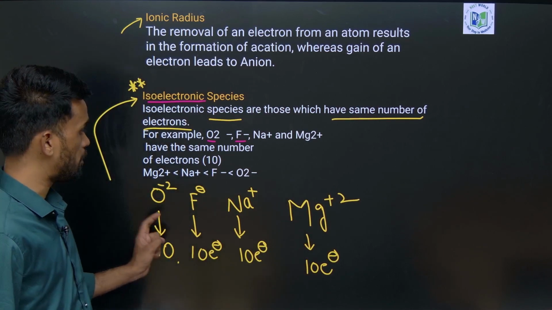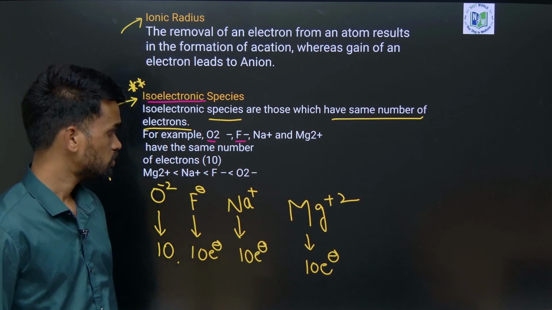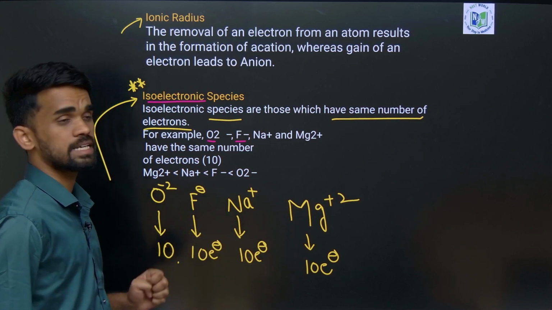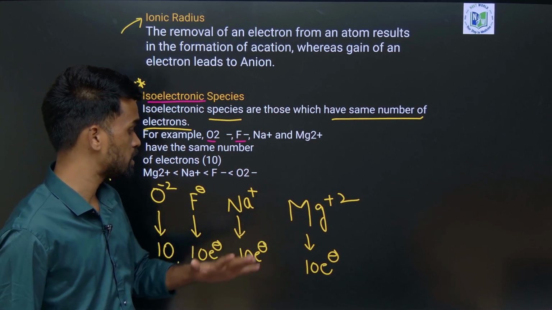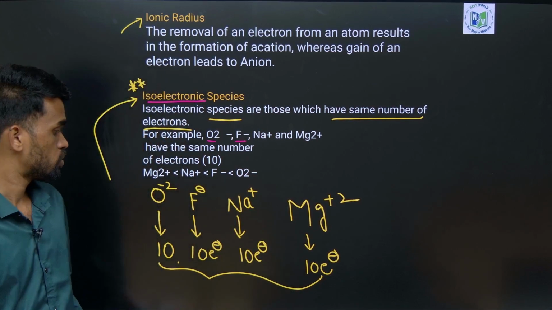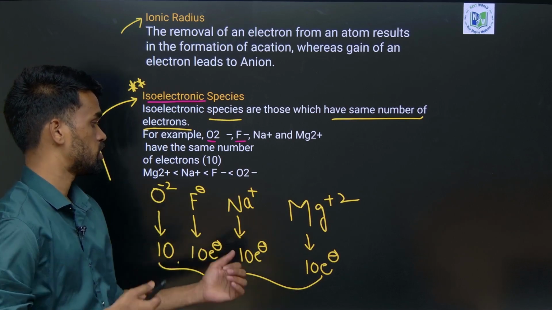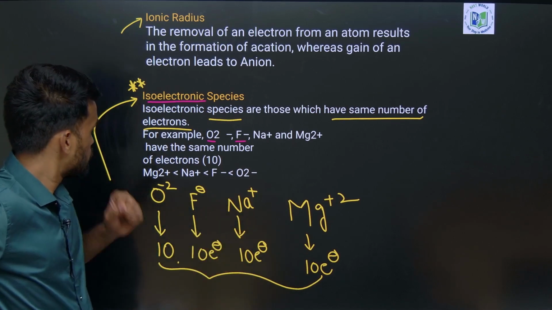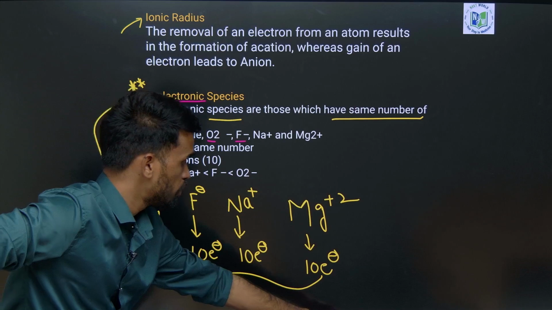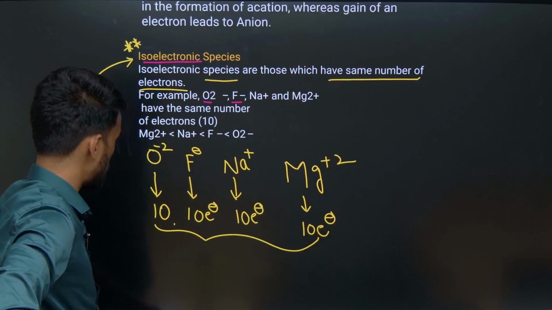So now we need to compare their sizes. Which ion has more size, which ion has less size. This species is now considered isoelectronic because of the same number of electrons, right? So you should say it as isoelectronic species. When we compare the sizes of these isoelectronic species, we should take care of the nuclear charge.